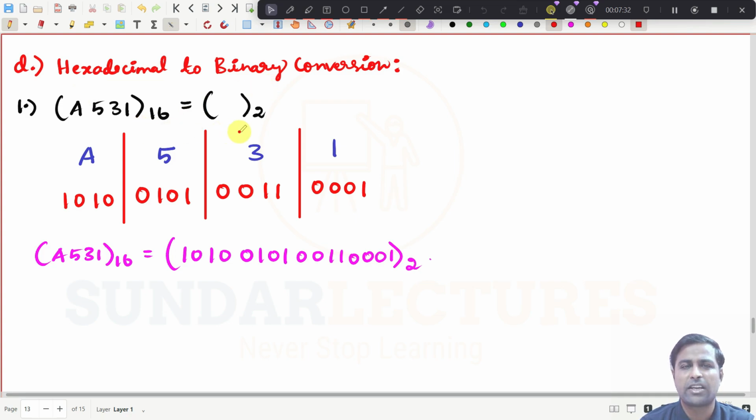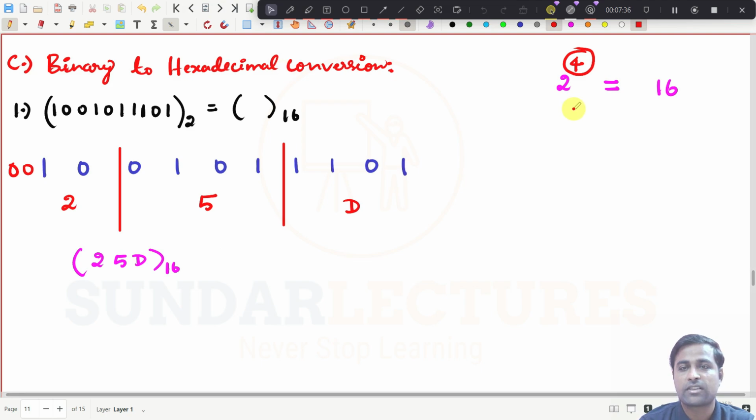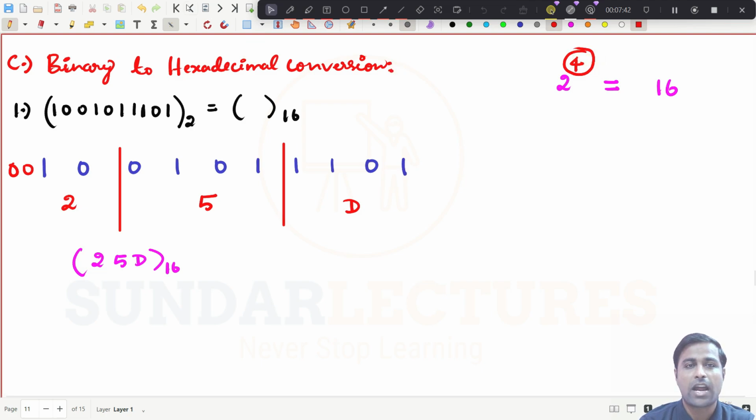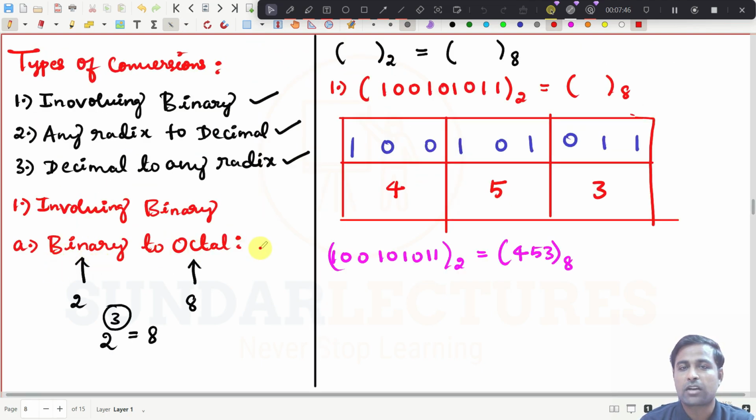So for the hexadecimal equivalent, what is this one? 2 power 4, which is equal to 16. So we have split the binary values by 4. And when going from binary to octal, octal is 8, binary base is 2. So 8 comes from 2 power 3, so we have split the binary values into 3. It is very simple. So we have done that.